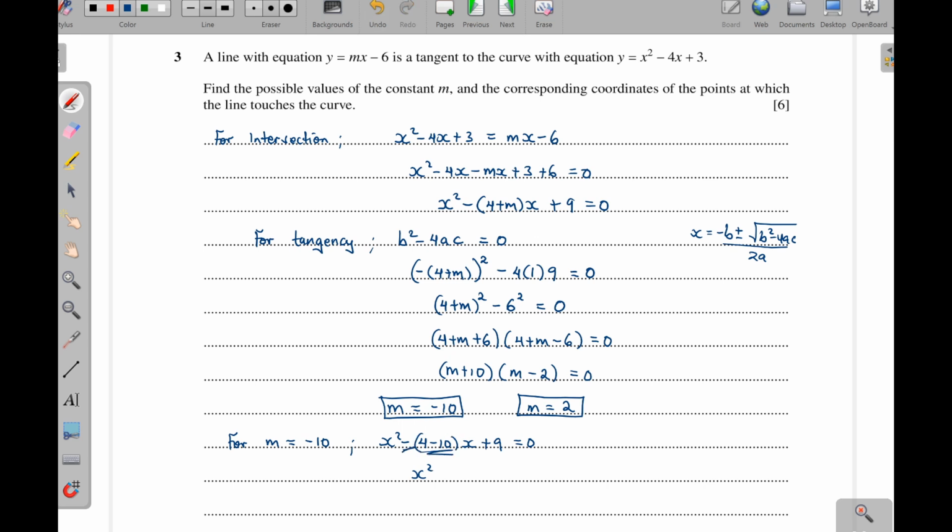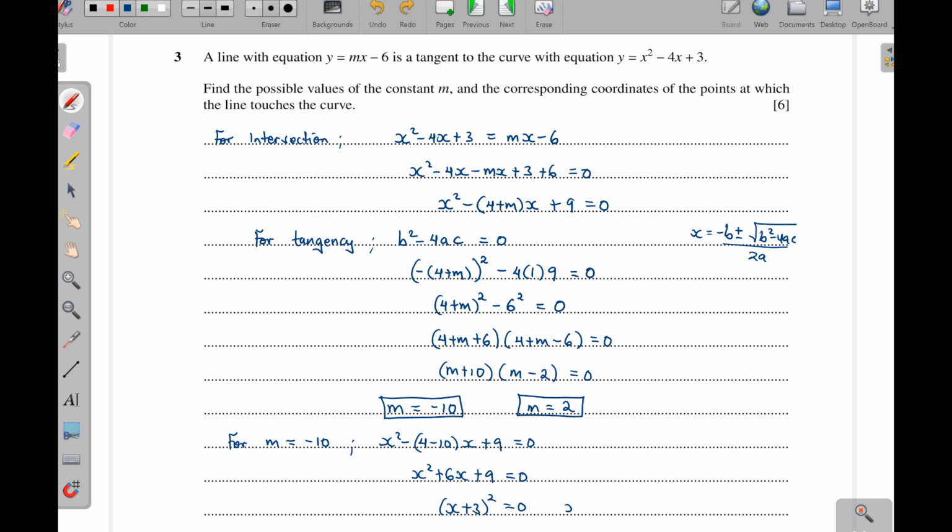Then a minus 6 and then a minus here, that one makes it a positive. So plus 6x, then plus 9 is equal to 0. This is the same as x plus 3 squared is equal to 0, because when you square this, you get that, then 2 times x times 3, don't you get 6x? Then square the 3, you get the 9.